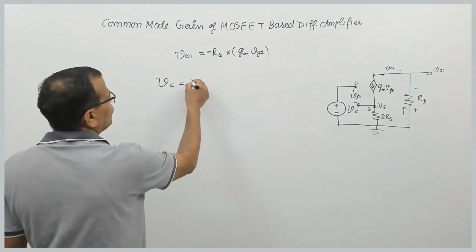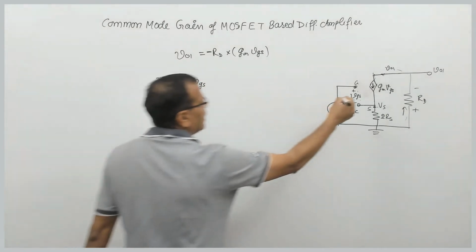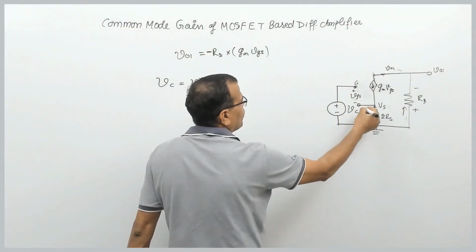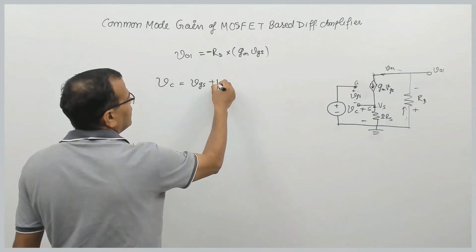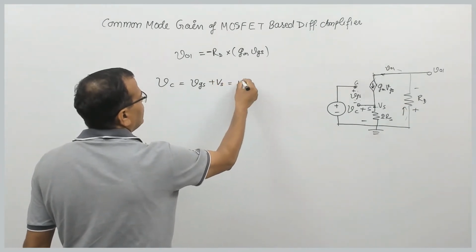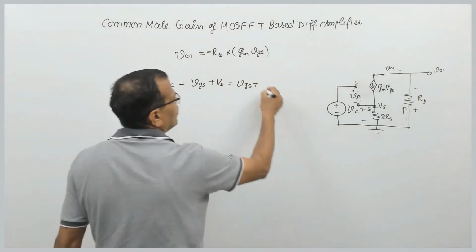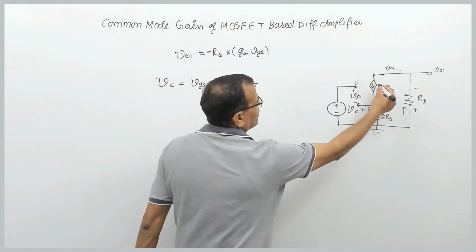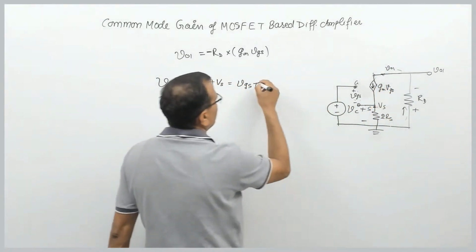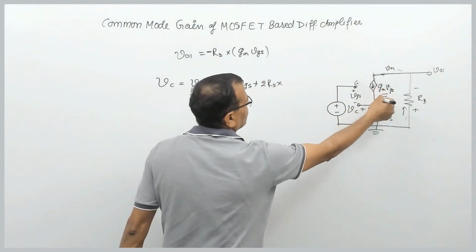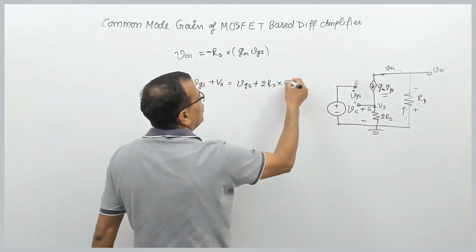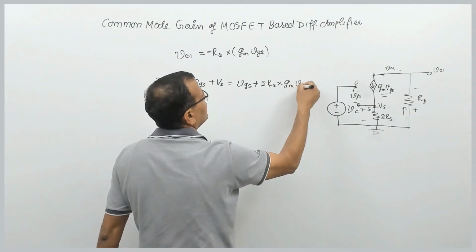VC is equal to voltage VGS, that is this voltage, plus the drop across this, and that is nothing but VS, and that is VGS plus the drop across this. What will that be? This current will be passing through this, so that is 2RS resistance multiplied by this current, because that current will be passing through this, so GM into VGS.